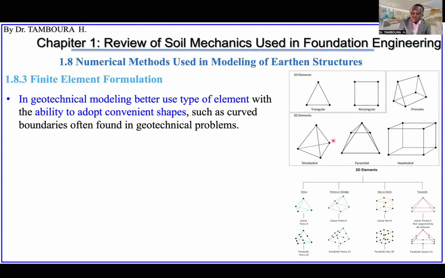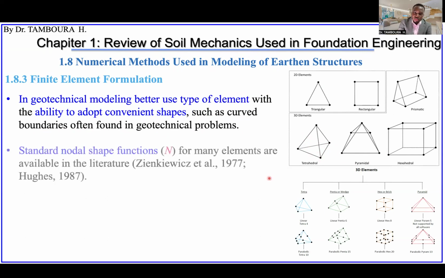Some people say this type of element is better, but it doesn't matter which type of element you are using. What you need to understand is what is going on at the nodal point. For example, if you use this type of element, what is going on at this node, this node, this node, because these nodes are what we are going to study.